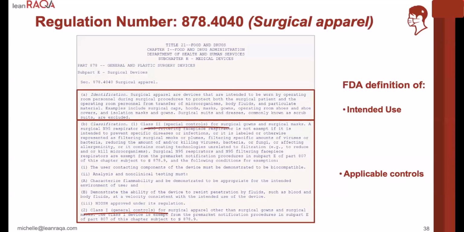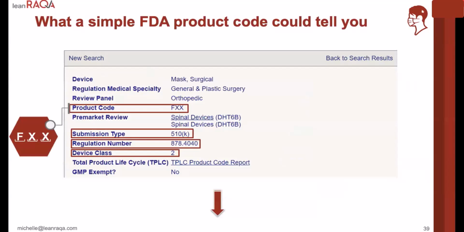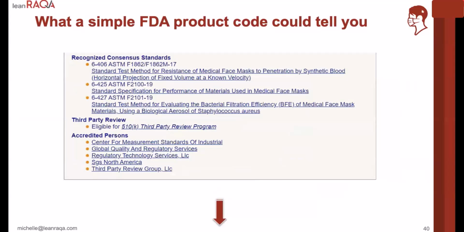But everything else besides N95s are class 2 special controls, meaning they require a 510K submitted to the agency. So here we've seen the kind of underpinnings that are going to be required for our mask.